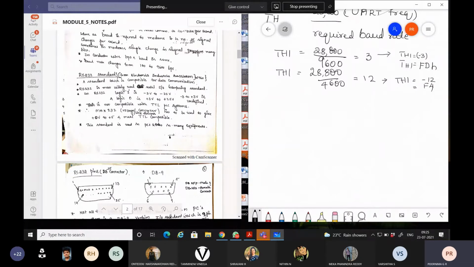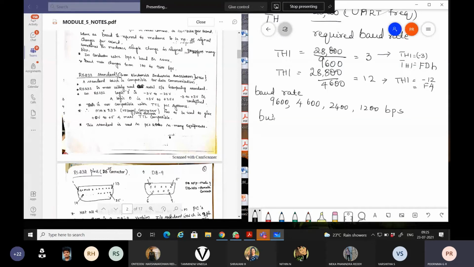Please remember, students, whenever the timer is to be used, the baud rates have to be set. The baud rates the timer can give may be 9,600 or 4,600, or 2,400 or 1,200 and so on, bits per second. These are the baud rates your UART can give, that is, the number of bits to be transmitted per second.